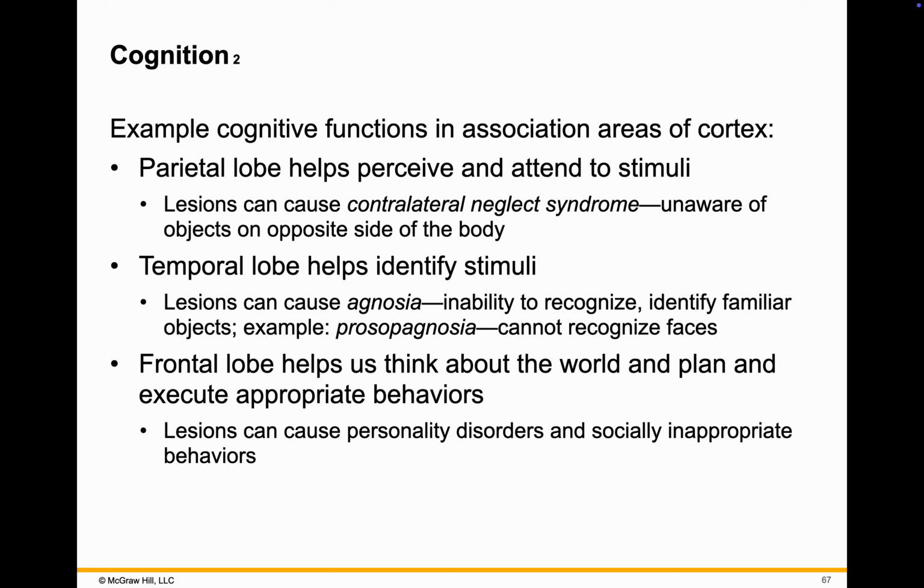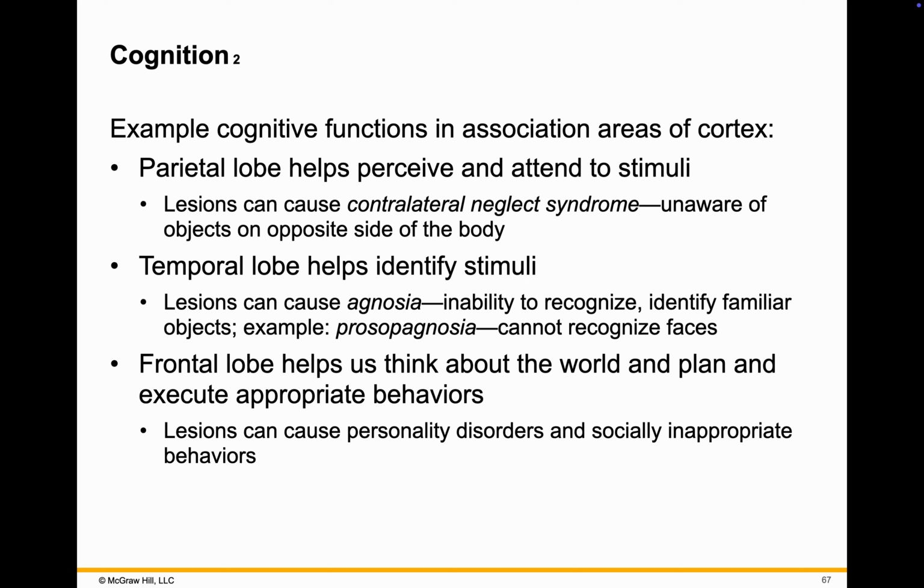Individuals with lesions in the temporal lobe can get agnosia, the inability to recognize and identify familiar objects, and prosopagnosia, can't recognize faces. The frontal lobe helps us think about the world and plan and execute appropriate behaviors. People with lesions in the frontal lobe can get personality disorders or have inappropriate social behaviors.